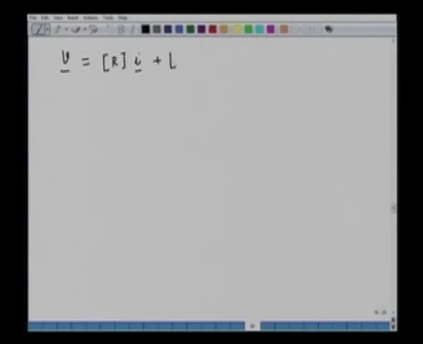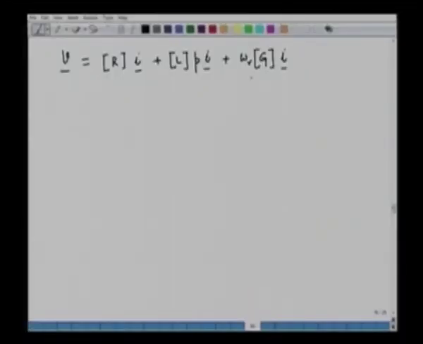Plus LPI plus omega R GI. So this is again a representation of the same equation in a different form, having the resistance drop, and then we have the current derivative and the speed EMF or omega R.